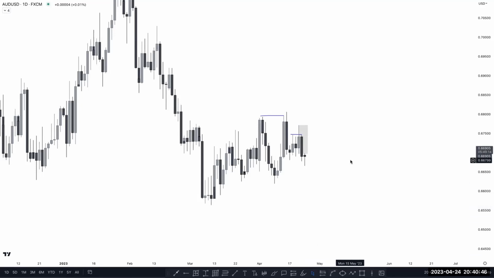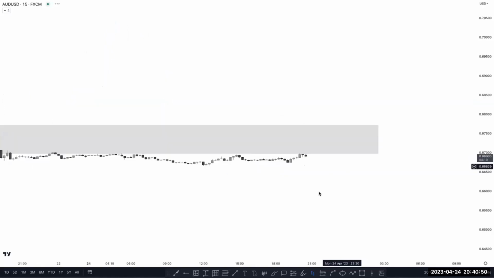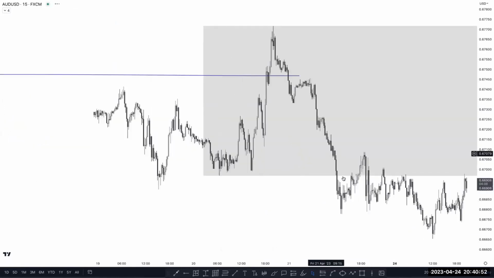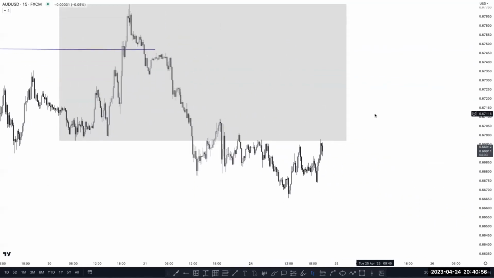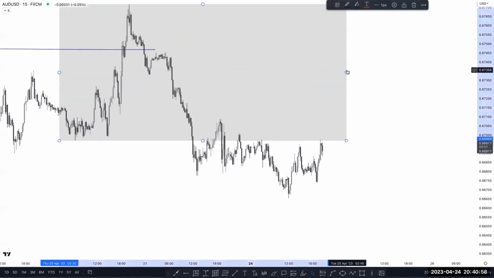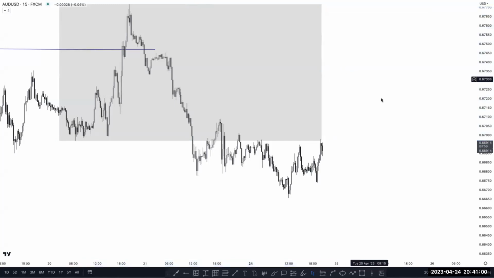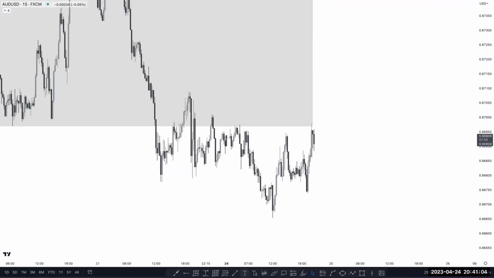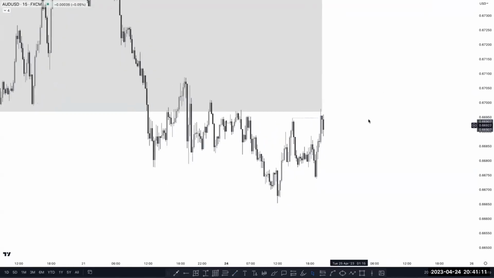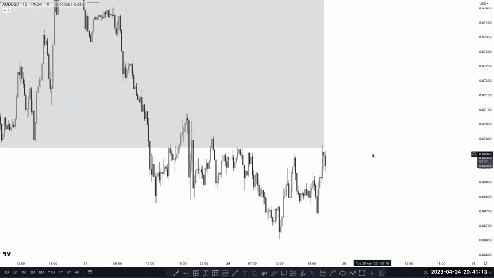And you have to switch here to the 15-minute time frame to see exactly what is happening. This one is our previous high, a candle close, right? But this is not a sweep. So in this case, you can do two things.